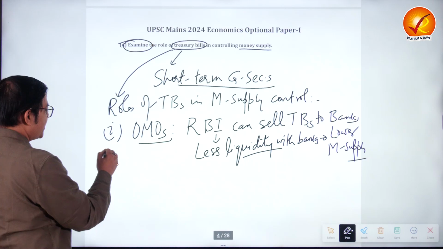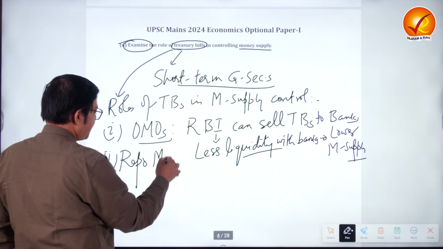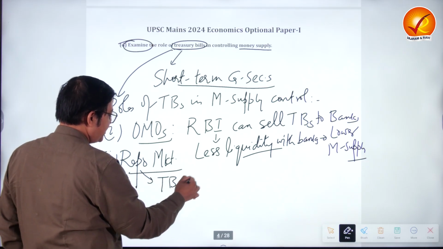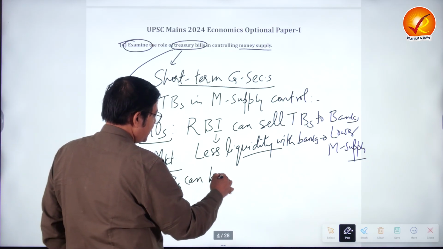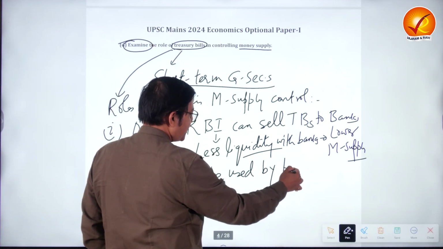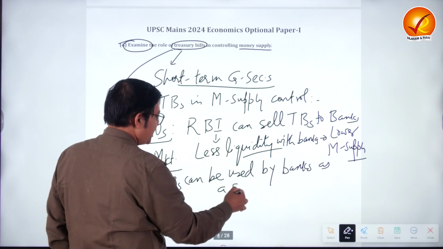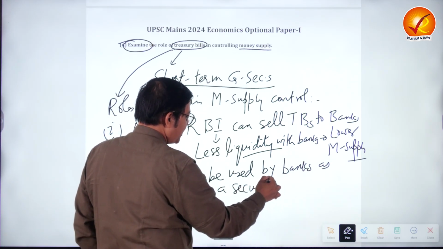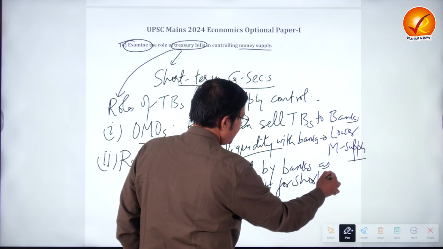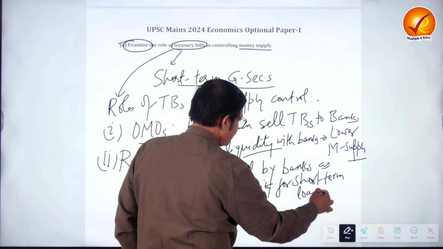Then you can also talk about the repo market. In the repo market, treasury bills can be used by banks as a security for short-term loans from RBI.